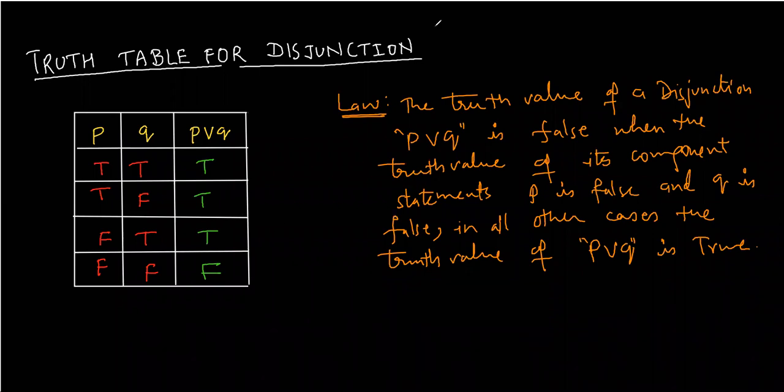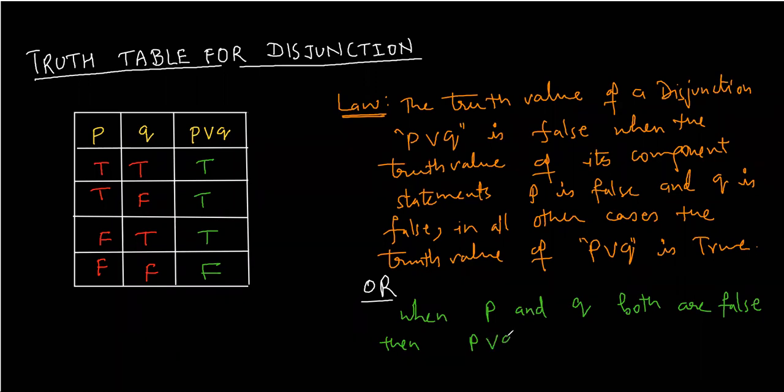This is one way you can remember the law, or the other way is you can say: when P and Q both are false, then P disjunction Q is false.